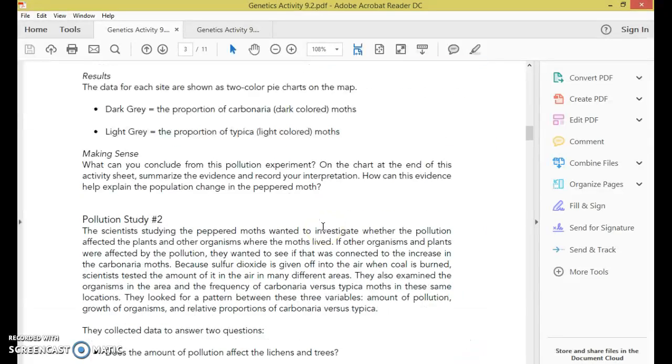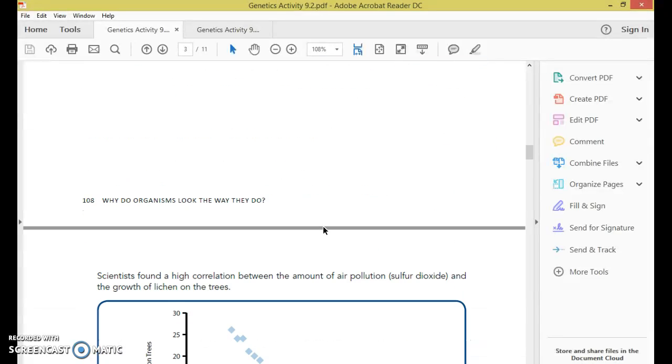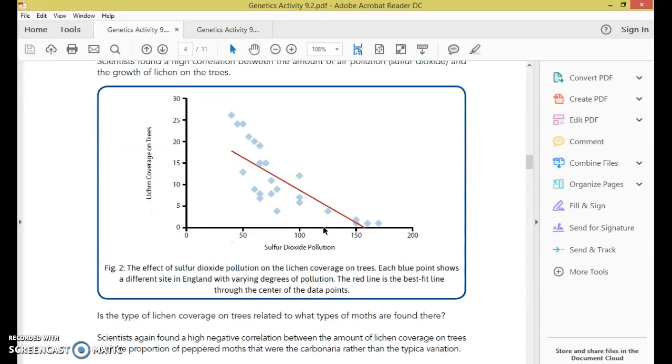In the next section, pollution study number 2, there were several graphs to look at, and in the evidence column on your organizer, hopefully you have something like, the evidence showed that the more pollution there was, the fewer lichens there were on the trees. So you can see here more pollution. As the pollution grows, the number of lichens goes down.